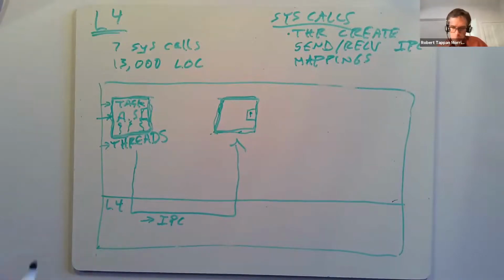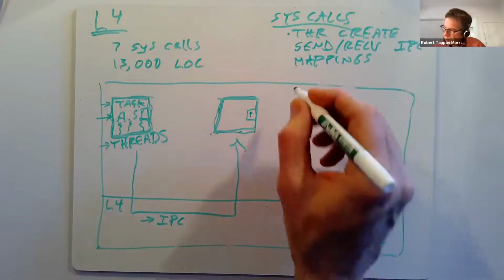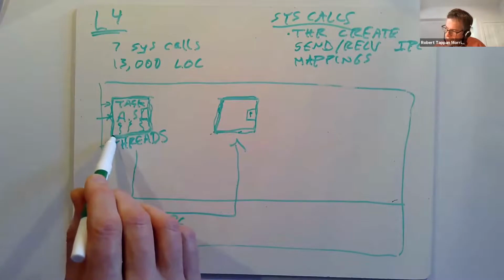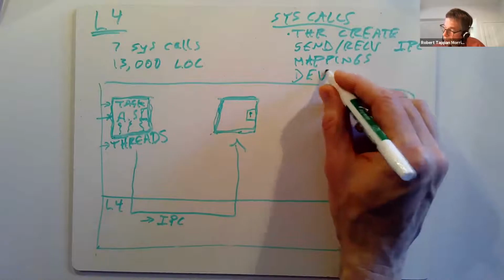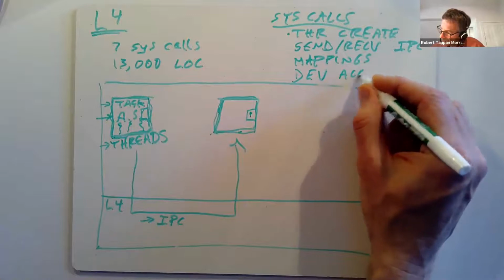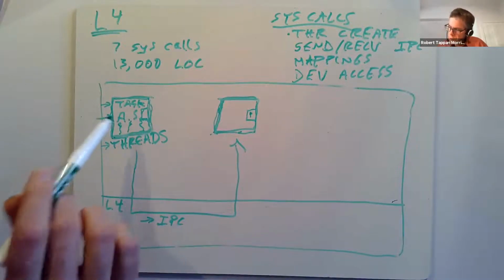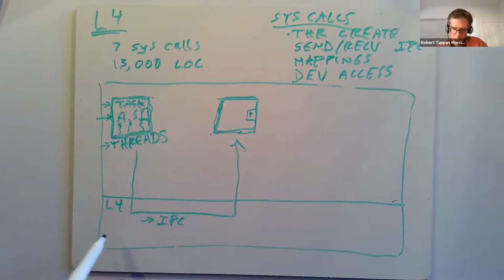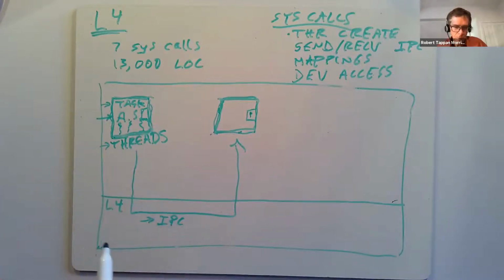There's a way, not through system calls, in fact, I don't know how it worked, but privileged tasks could map device hardware, device control registers, into their own address spaces. So L4 didn't really know much about devices like disks or network interface cards, but user level software that implemented device drivers could get directly at device hardware.